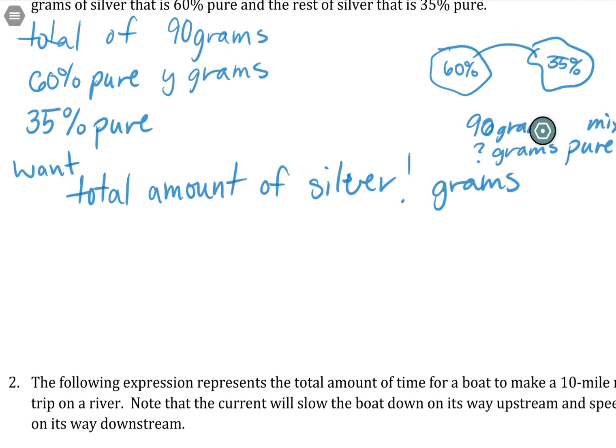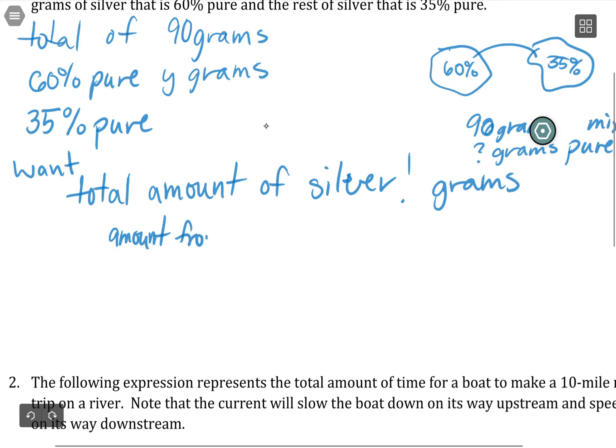Okay, so the total amount of silver is going to be the amount from the 60% plus the amount from the 35%. And this is going to be in grams, for both of these. The amount of pure silver in grams from each of these two.